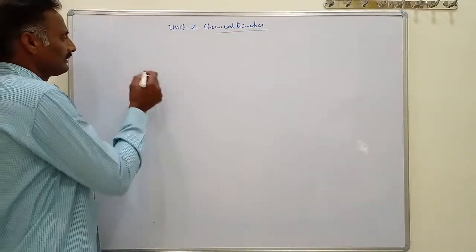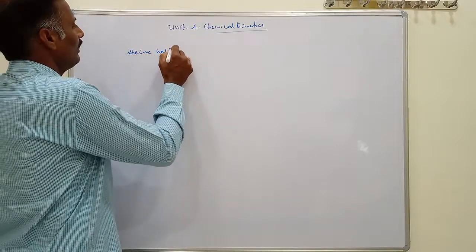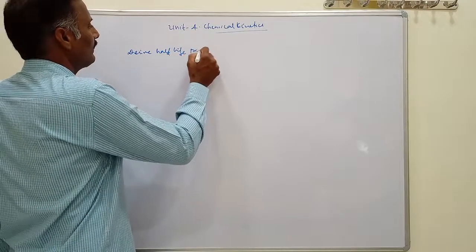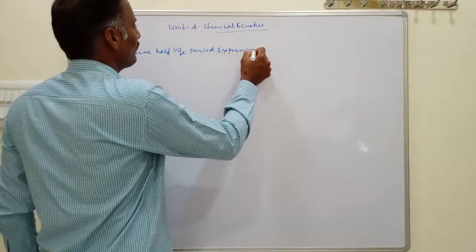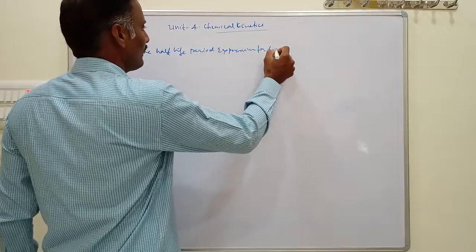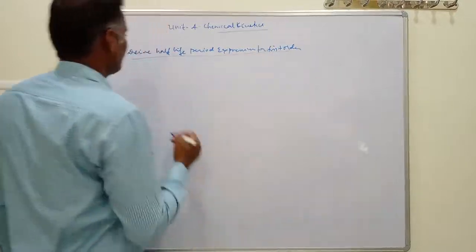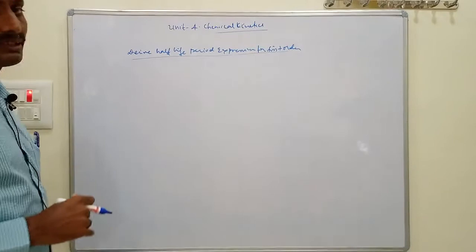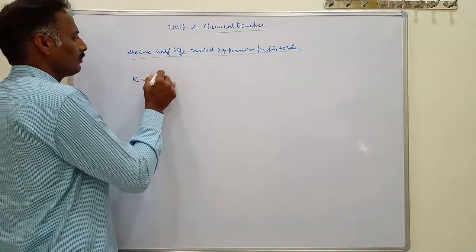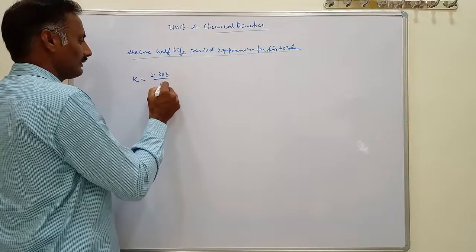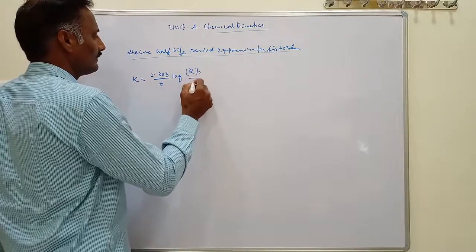Derive the half-life period expression for a first order reaction. This is one more question asked like this. We know that for first order reactions k equals 2.303 by t log R naught by R, where R naught is the initial concentration and R is the final concentration.